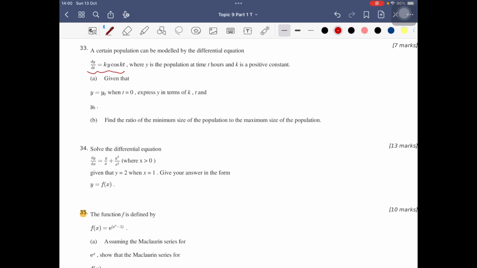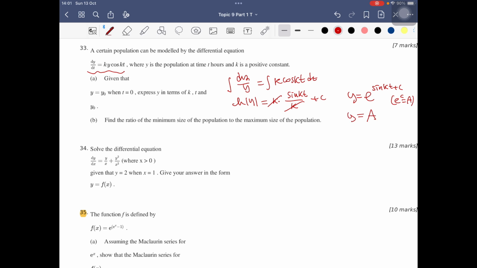So here, dy over y equals k cos kt dt, integral, integral. And then ln y is sine kt plus c. So y is e to the power of sine kt plus c. Let's say e to the power of c is a, then y equals a e to the sine kt.